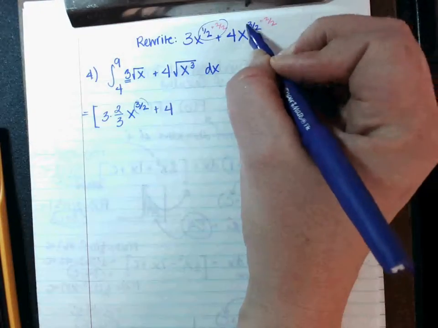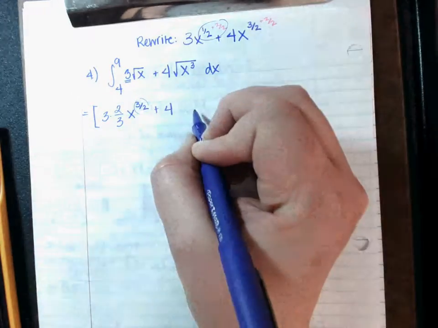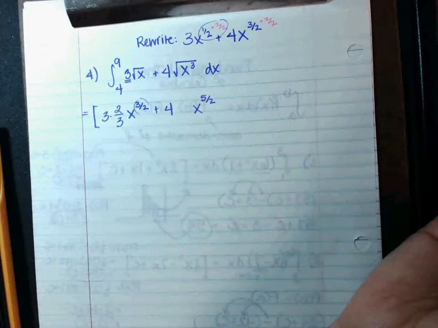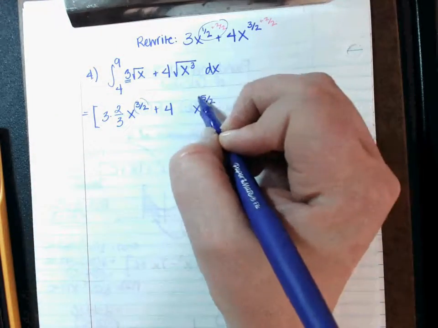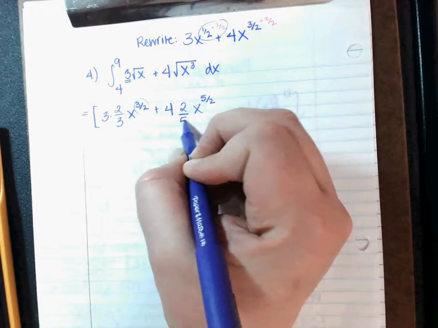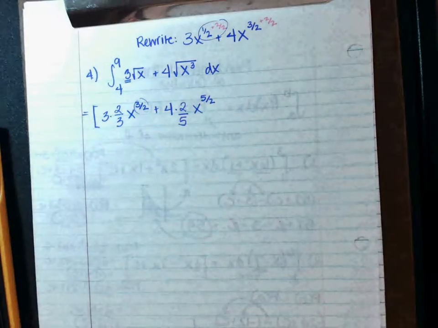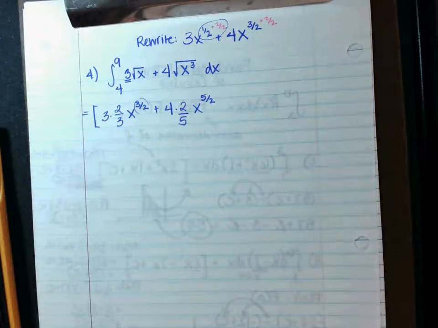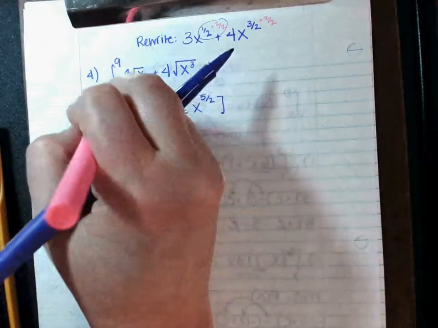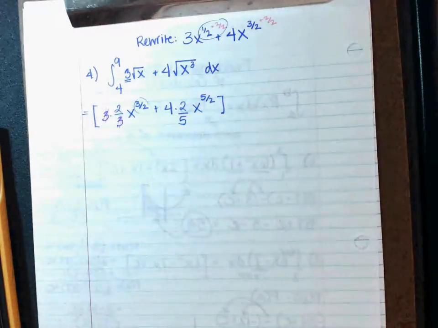Then here I have a 3/2 plus a 2/2 is an x to the 5/2. And then if that's a 5/2, then I'm going to have to divide by 5/2, which is going to give me a 2/5. And then your 3's there are going to cross out on that first one. So 3 and 3 are both gone.